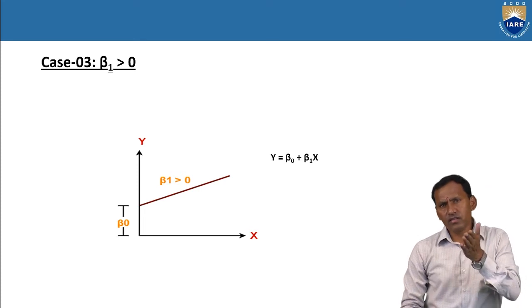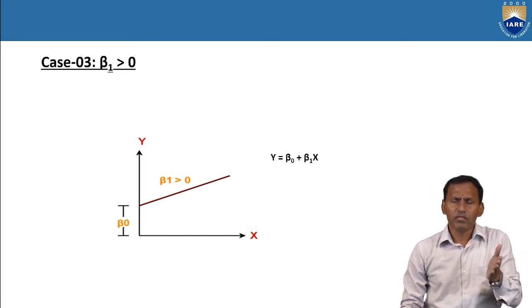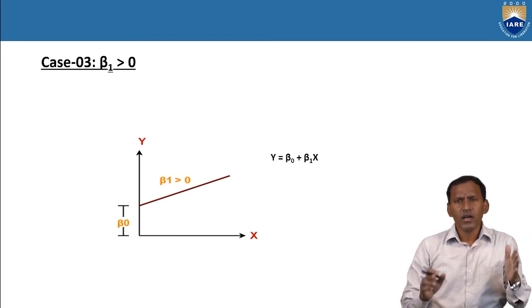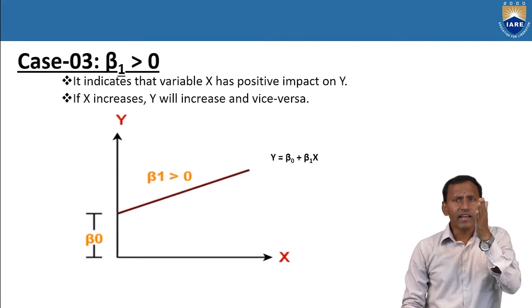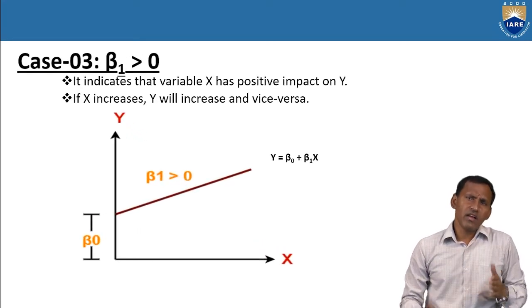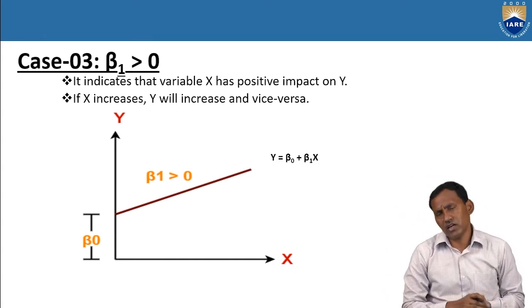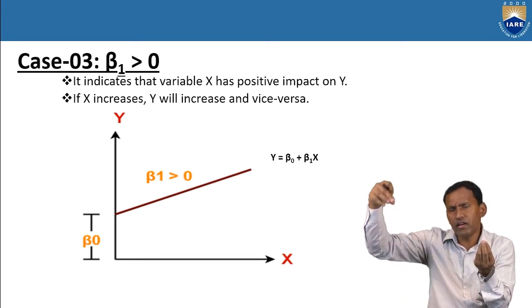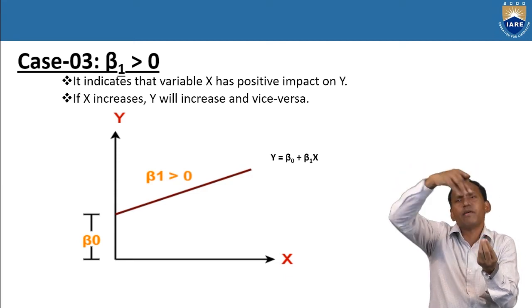Whenever it is greater than 0, it will be a positive impact on y. That means whenever x increases, y will increase and vice versa. That means a positive impact on the dependent variable.